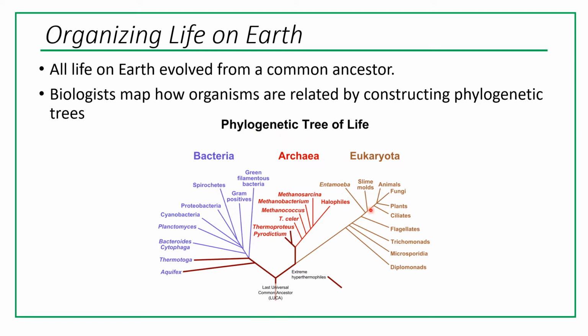All these branches represent different groups of living organisms, and you can see they are all connected, and those points of connection show us common ancestry. If you go deep enough in time, we come to our LUCA, or last universal common ancestor, and this diagram shows us that all life on Earth is related to this organism.